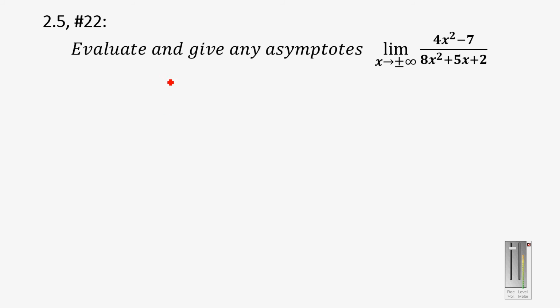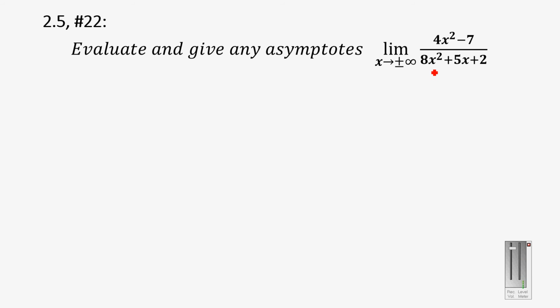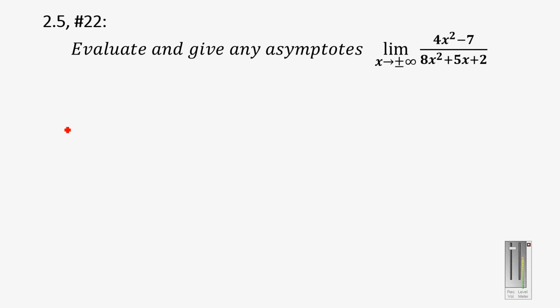On a problem like this, we talked about a solid approach, which is dividing the entire problem by the highest exponent. Let me show you what that means. We're going to take the limit as x goes to infinity, and it's really plus or minus infinity here.